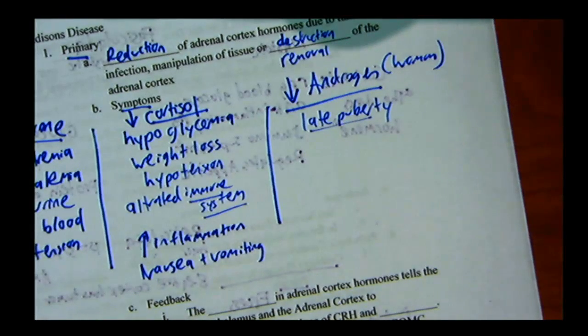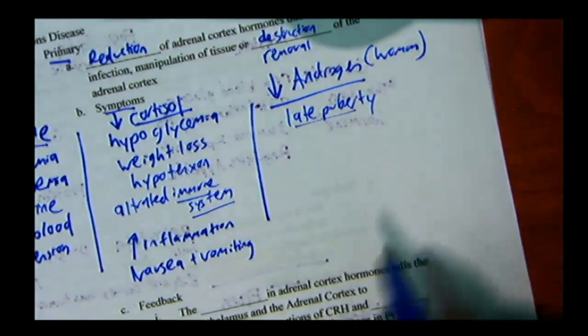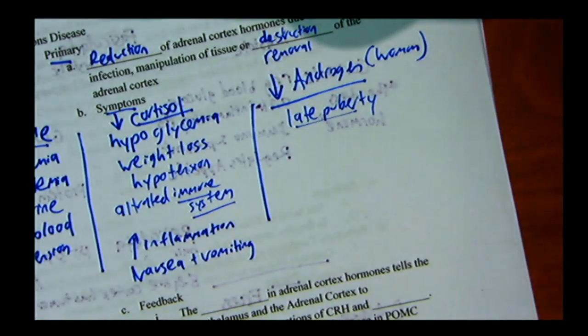Yeah? You'd have more, but inflammation sometimes stops the virus or bacteria in its tracks. So you'd have like alterated immune system still. Yeah. So anyway, would you have hair growth in a woman with androgen or without androgen?